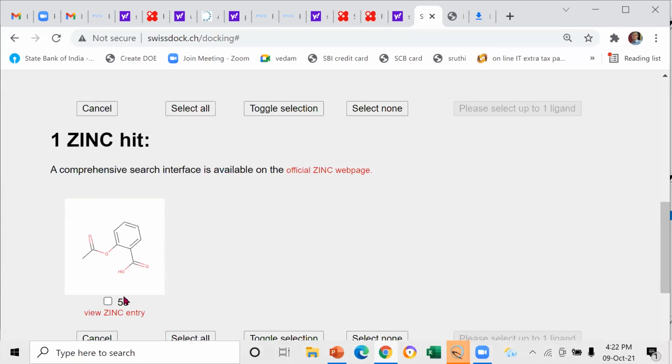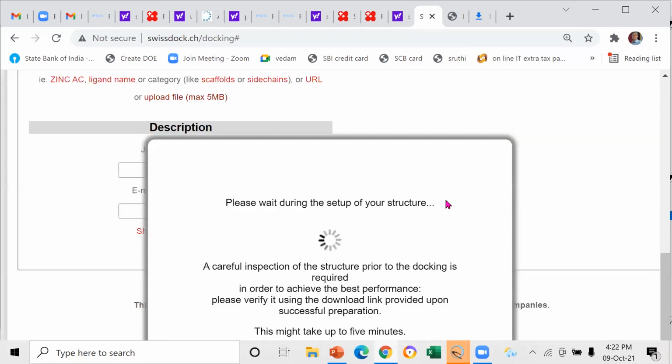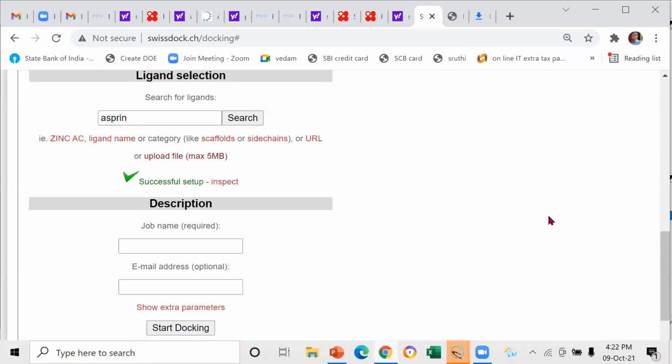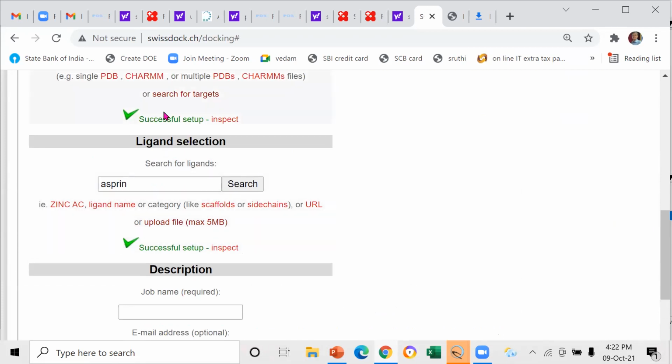Yeah, so it's got aspirin. So both are okay.